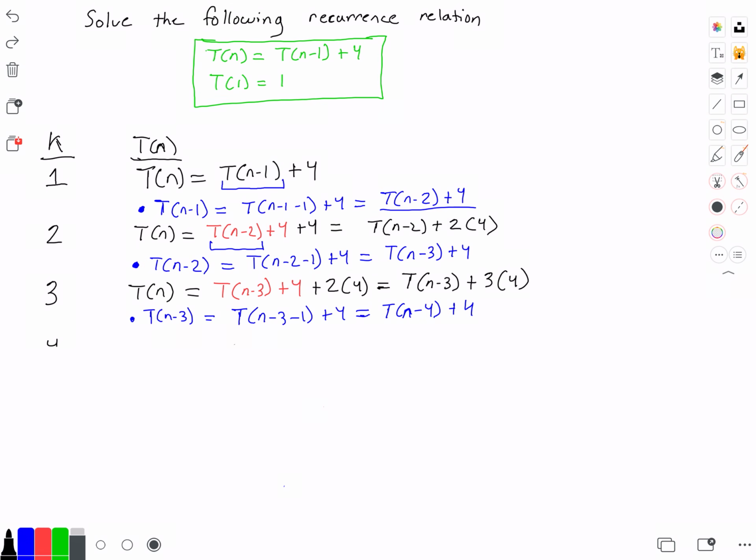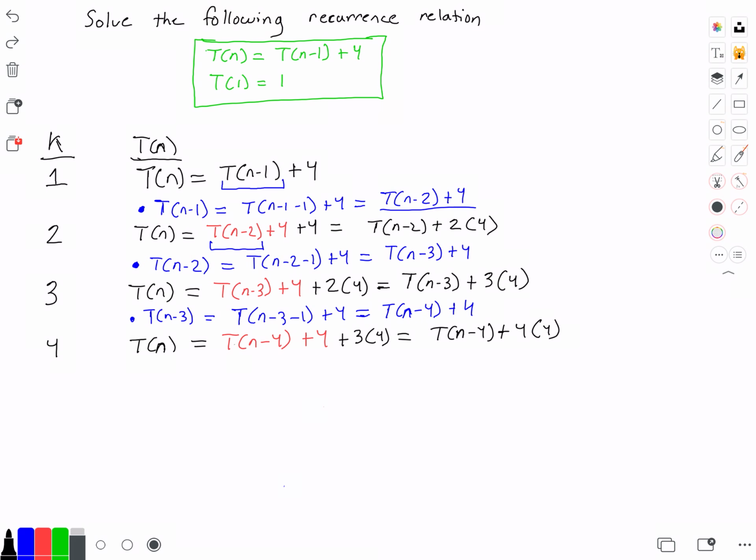And then now for our fourth iteration, T of n is equal to T of n minus 4 plus 4 plus 3 times 4. And this is equal to T of n minus 4 plus 4 times 4. All right.